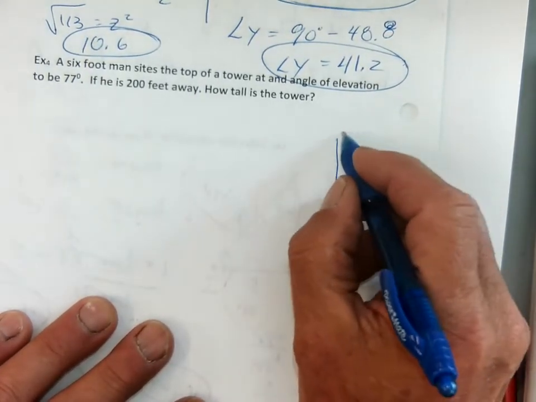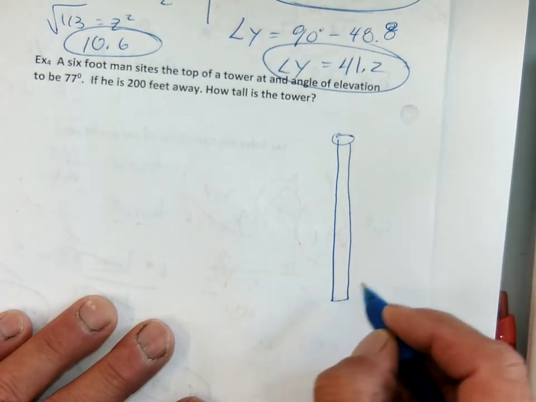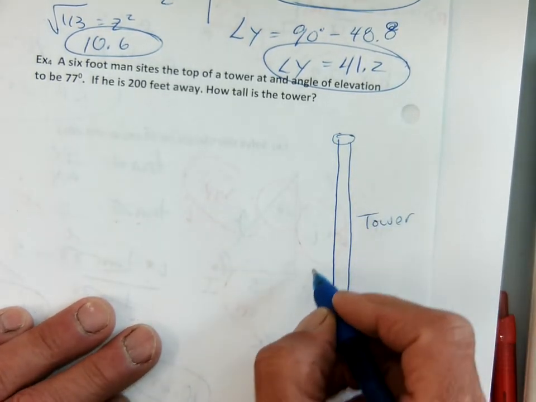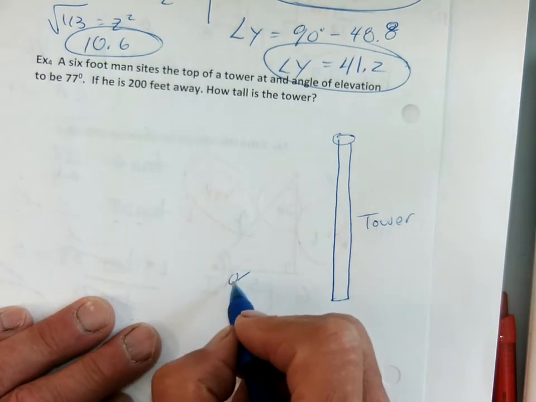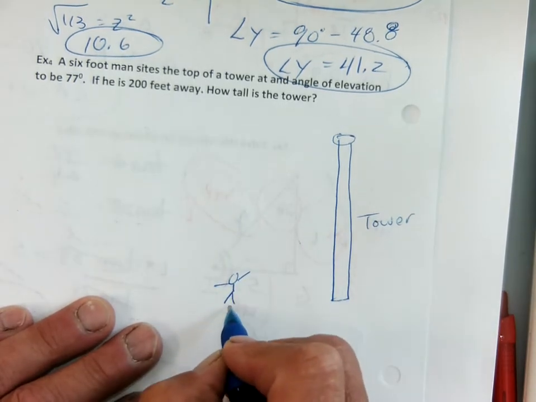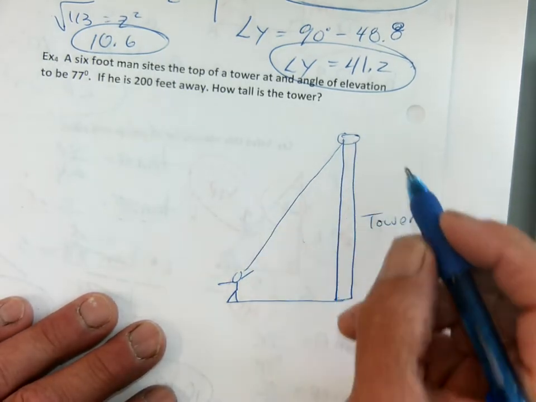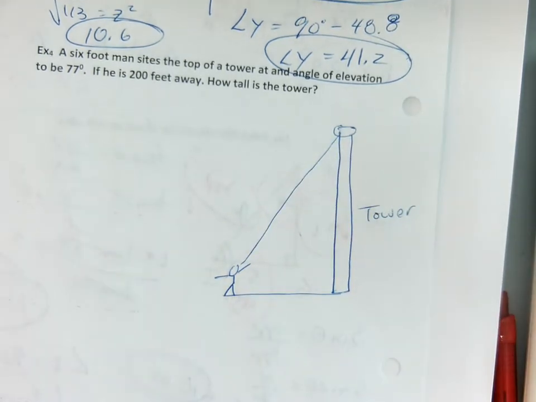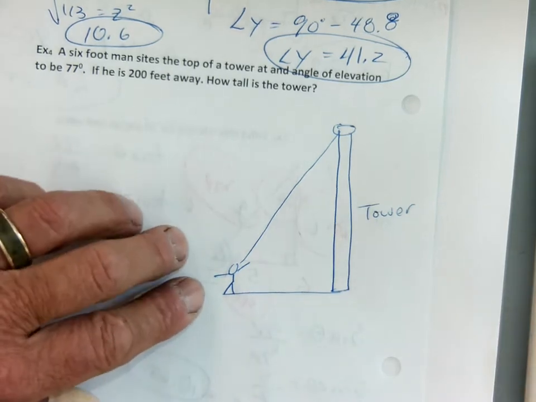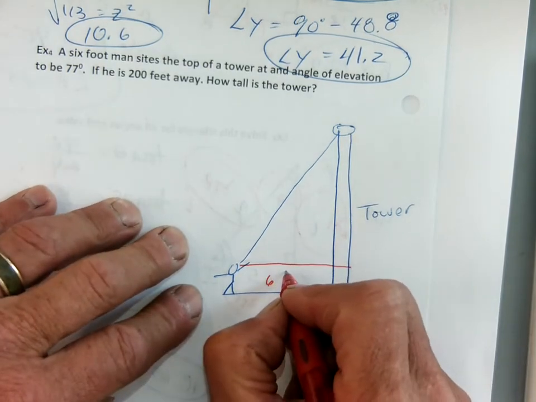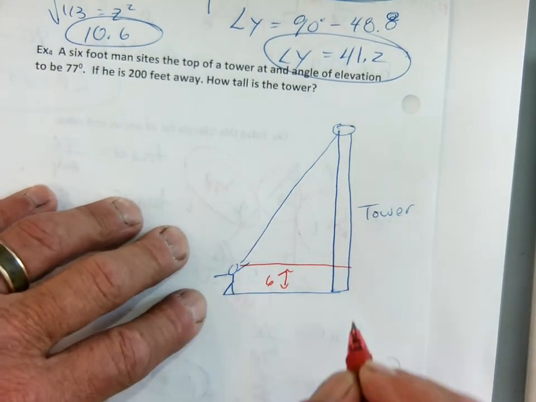So here's my tower, right? Here's my 6-foot man, and he sights to the top of the tower. Now the right triangle we're looking for is actually elevated because he's 6 feet tall, right?